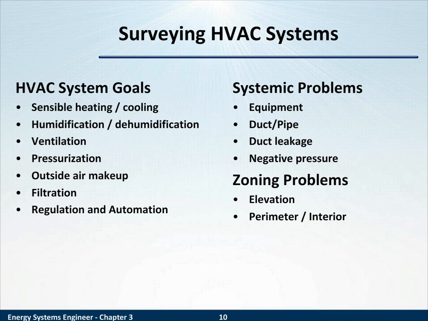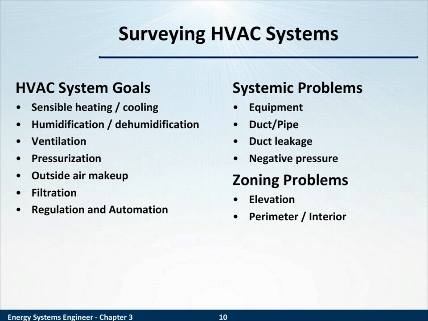Zoning problems you could have are by elevation. Consider whether you would have a different zoning problem during the heating season on the north elevation, the south elevation, the east, or the west. You can also have zoning problems by perimeter or interior.